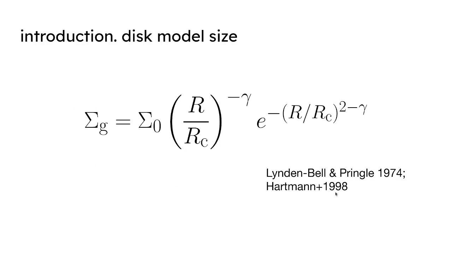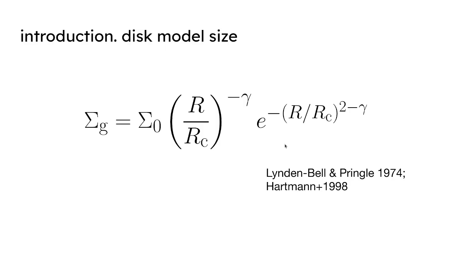The formula itself comes from these papers, where it's basically just a theoretical result for a viscously evolving disk. By that we mean that there is a disk of gas which rotates with different speeds at different radii, and it creates some friction, which creates some radial drift towards the star, but at the same time the disk expands to conserve angular momentum, and this is what creates this tapered power law.